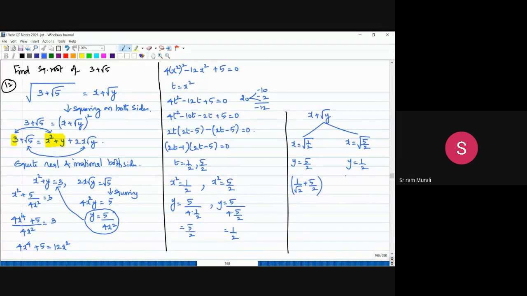In our case, root 5 by 2 plus root 1 by 2, I mean 1 by root 2. Or simply we can say it is plus or minus root 5 by 2.